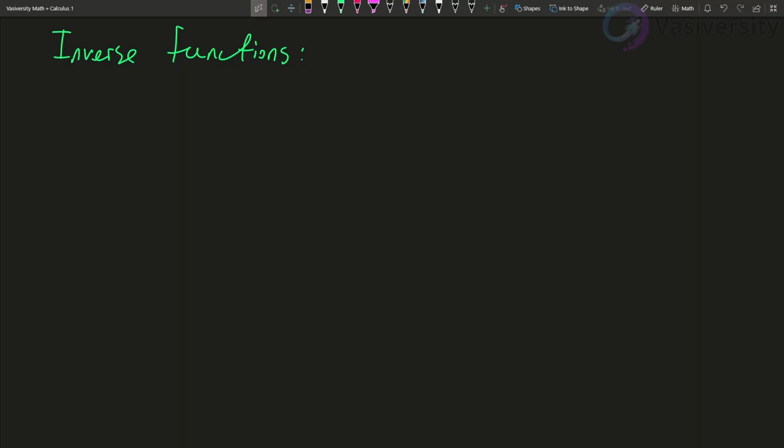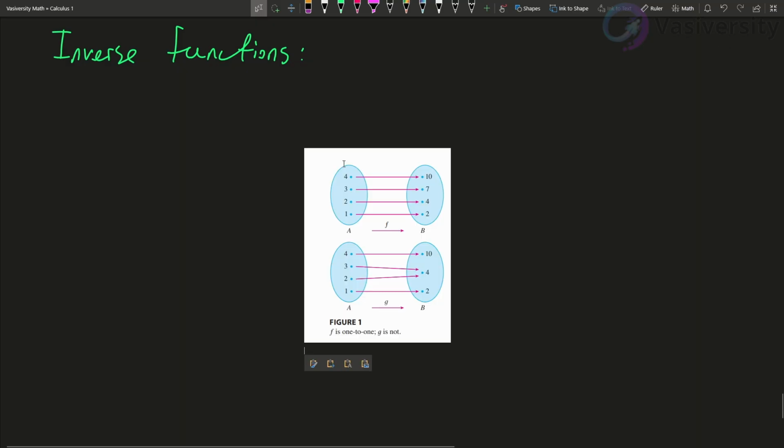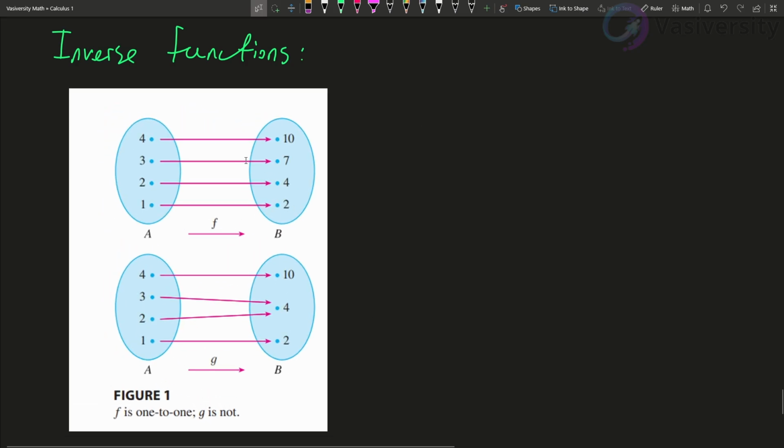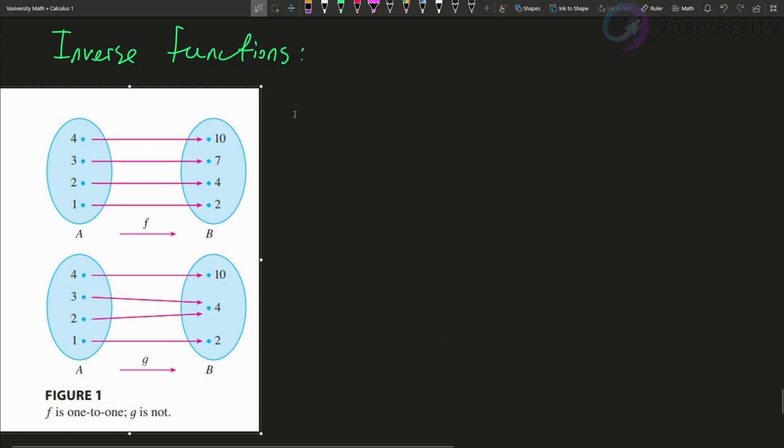That is important because one x value corresponds to one y value. One x value cannot correspond to two y values. For example, f is one-to-one, so we can have an inverse. G is not one-to-one, so we cannot have an inverse. This is an important concept from when we learned algebra, about exponentials and specifically about the inverse.